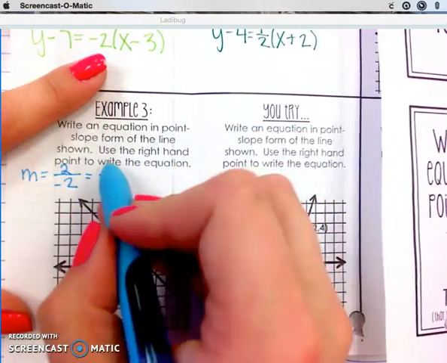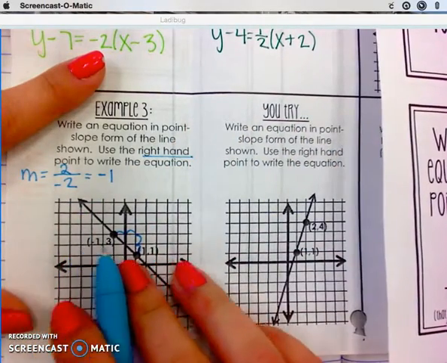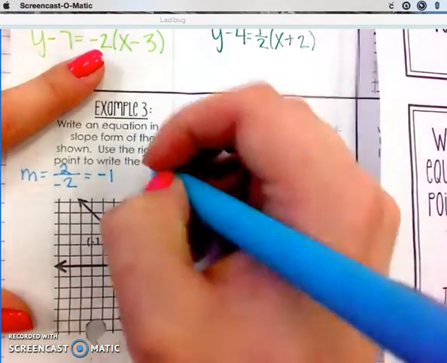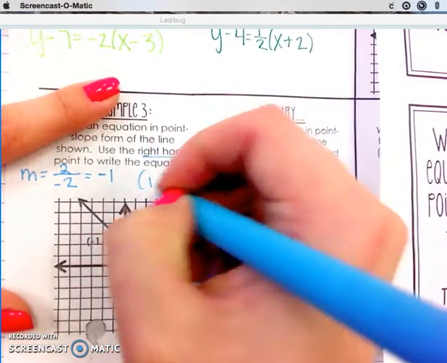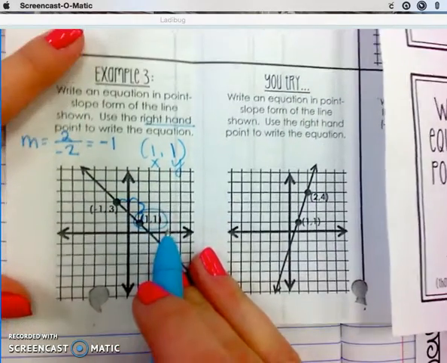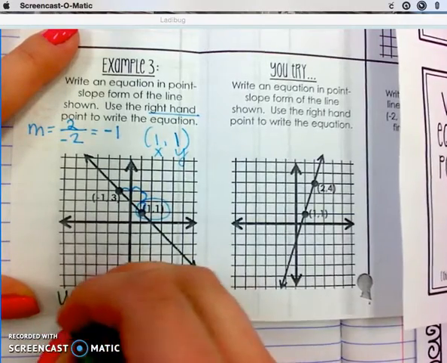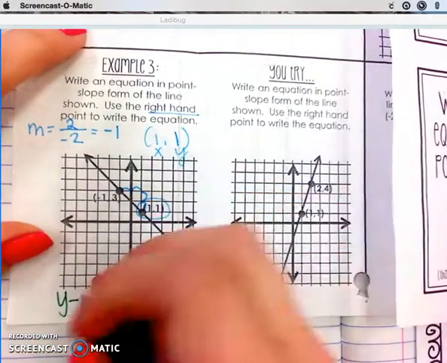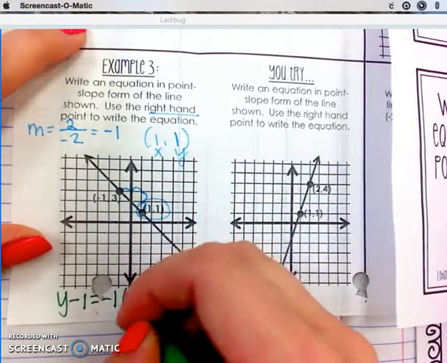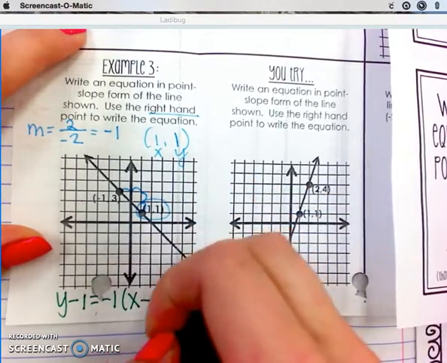And now it says use the right-hand point. The right-hand point is just whichever is furthest to the right. So in this case, it is (1, 1), my x and my y. So in point-slope form, y minus my y, which is 1, equals my slope, -1, times x minus 1.